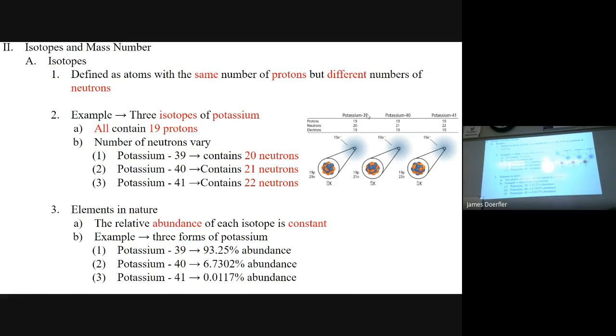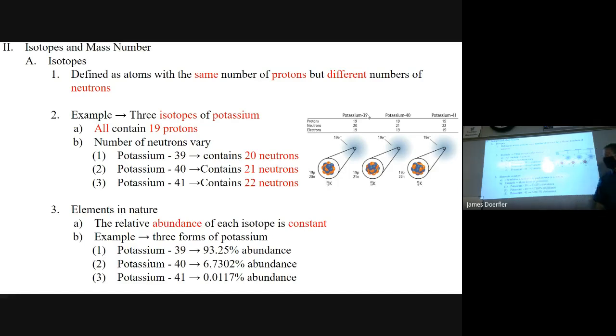Okay? And the majority is this particular isotope. You'll see this a little bit later, but just to reiterate it when we get to that point: see that number on the periodic table below the symbol, the one with the decimal? That is the mass number for that particular element. The mass number at the bottom of each box is the average based on the relative abundance of all known isotopes for each element.